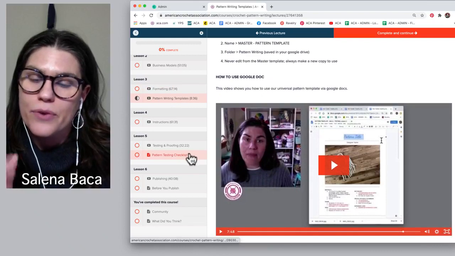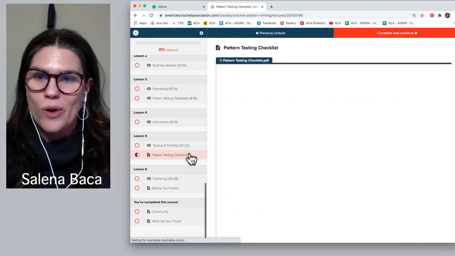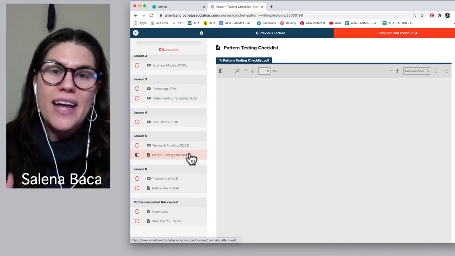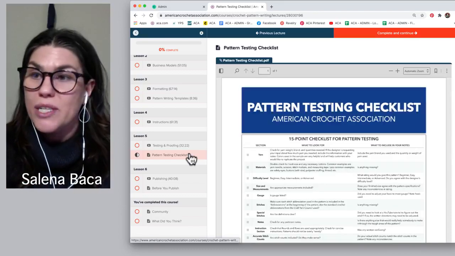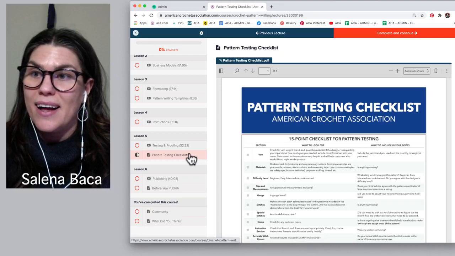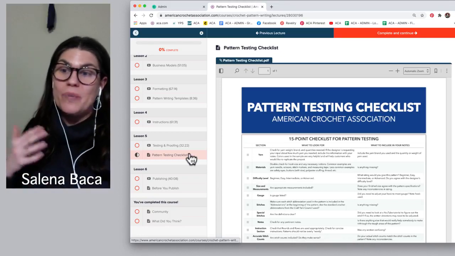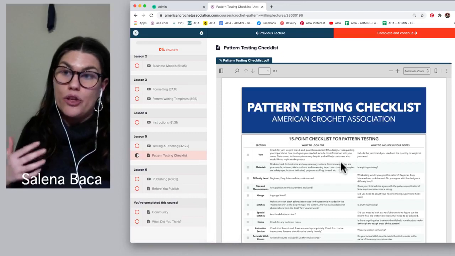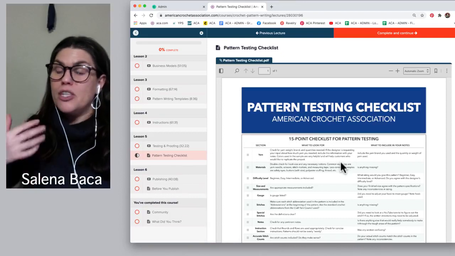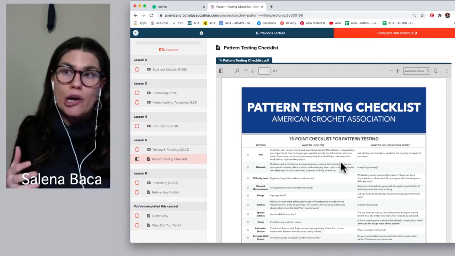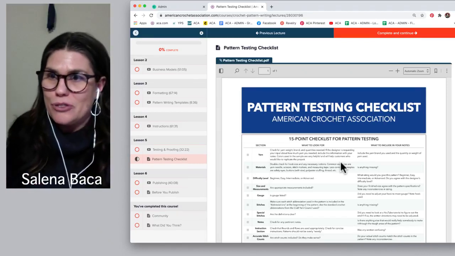So the other thing that's a free preview today, the first thing that I wanted to dive into, is this pattern testing checklist. This is something that we've put together that gives you some information about what you should be checking for. This is also something that you can share with individuals that you want to test for you. You may not really know what you should be testing for.